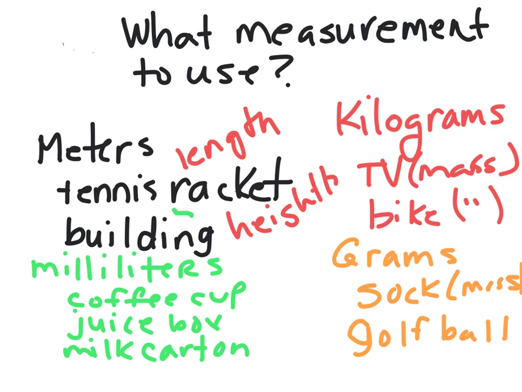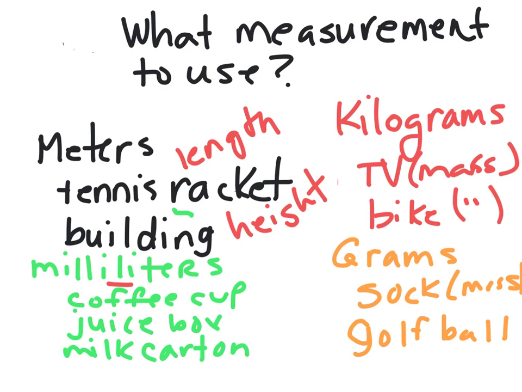Can't spell height. If I wanted to measure a coffee cup or juice box or milk carton, something that's in liquid form, I would use milliliters. If I wanted to measure something big, like the mass of a TV or bike, I would use kilograms.